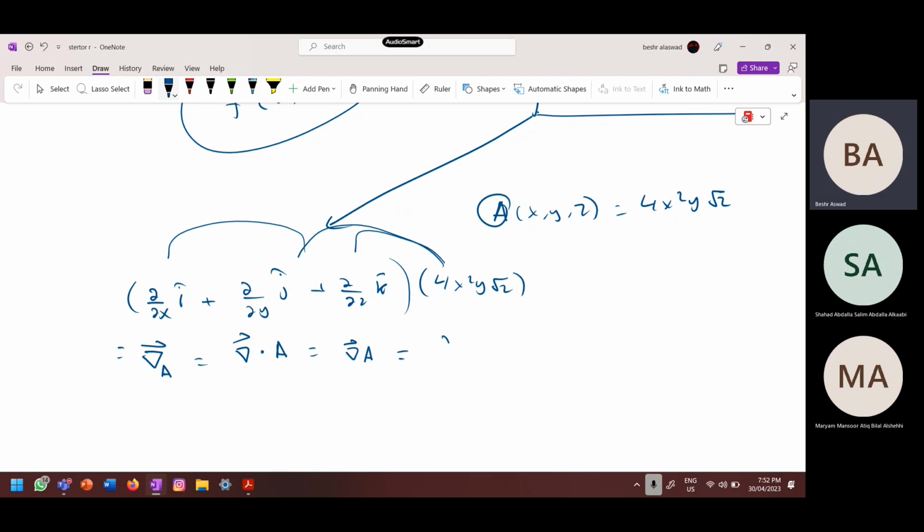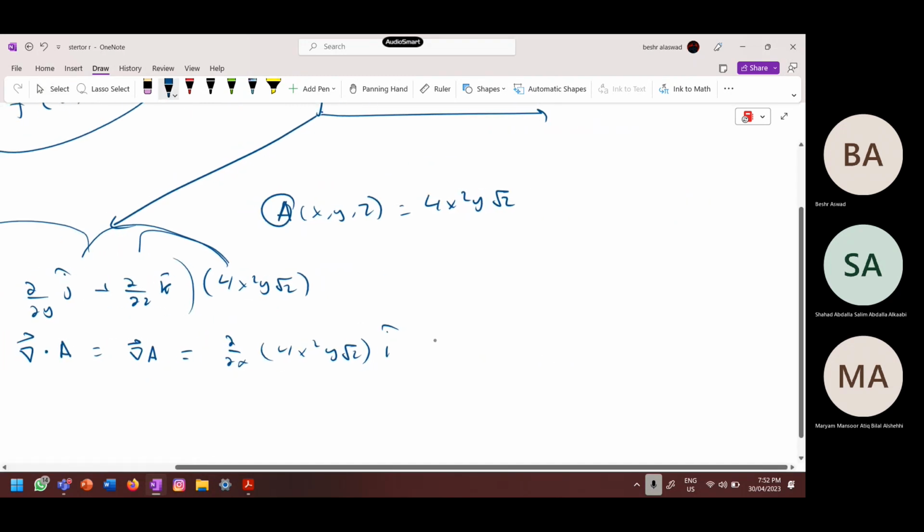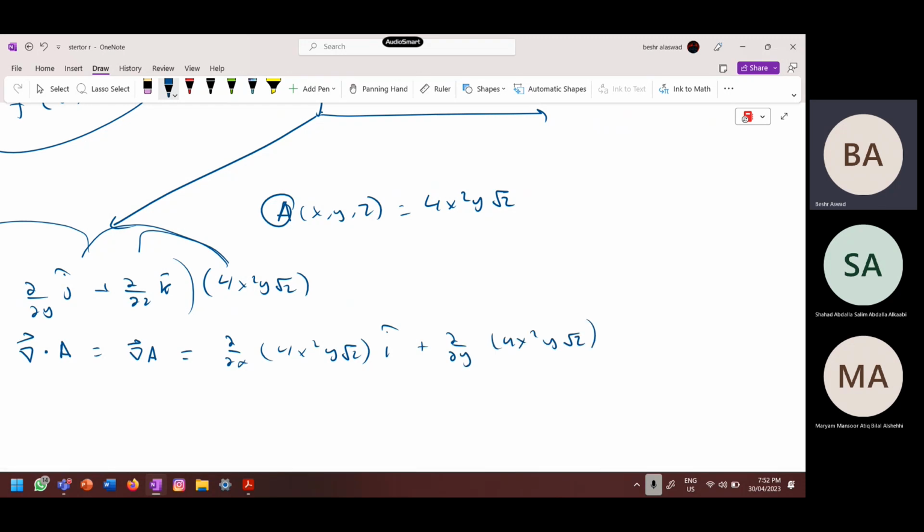This will give you partial over partial x of 4x squared y square root of z i hat plus partial of A over partial y of 4x squared y square root of z j hat. Finally, partial of A over partial z of 4x squared y square root of z k hat.